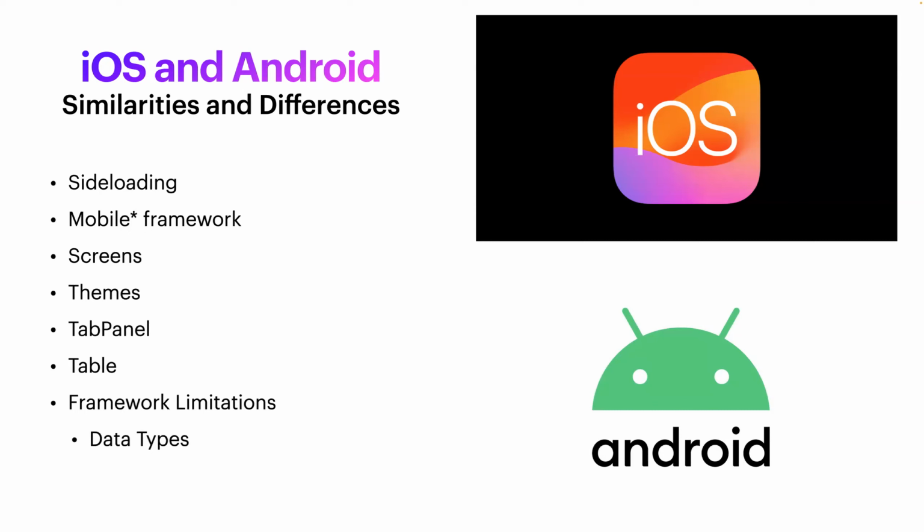And also there are data type things to keep in mind with Android. For example, on Android, the integer type is always Int64. You can't say, oh, I want to use Int8. I mean, you can say that, but it'll always be treated as Int64. So stuff like that to keep in mind.